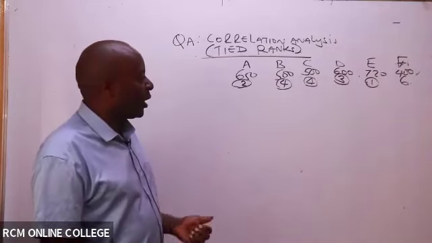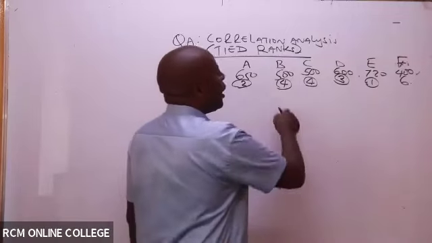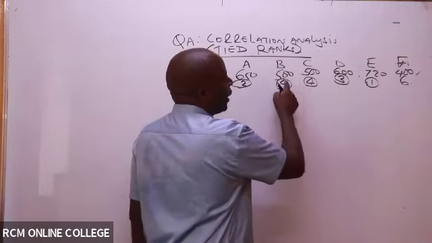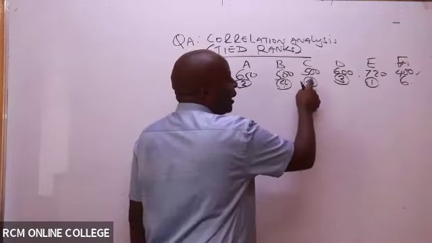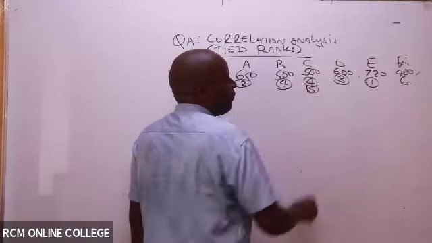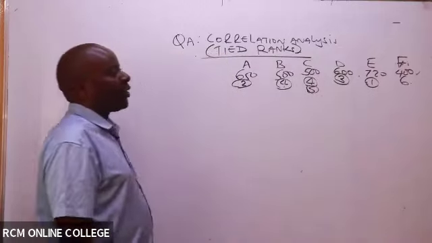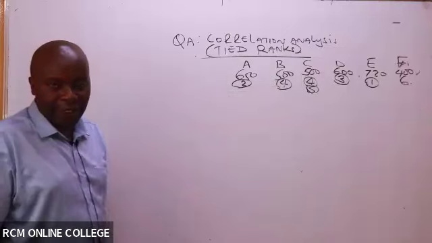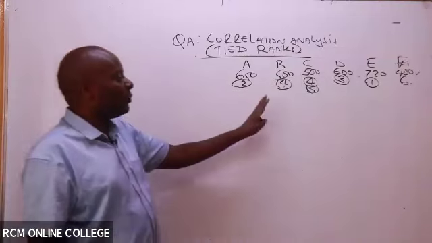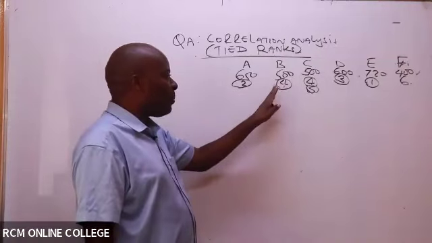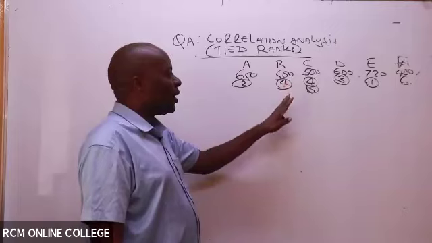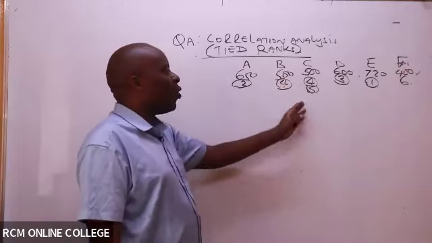How do we get corrected ranks? I will assume one of these was number 4 and the other number 5, so that we then talk of number 6. It's like a small discrepancy, so that this is number 4 and this is number 5.